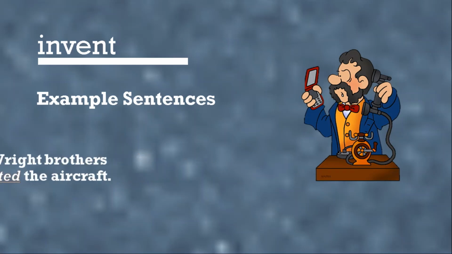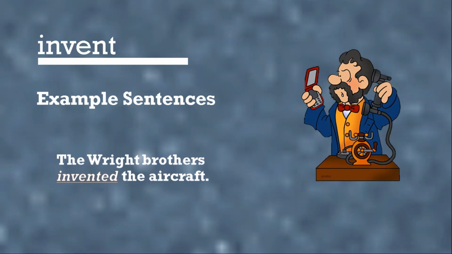Okay, sentence number 2. The Wright brothers invented the aircraft. In this context, you can see that the brothers were the ones that invented the aircraft. Talking about planes, okay? An aircraft is a type of vehicle, something like airplanes.